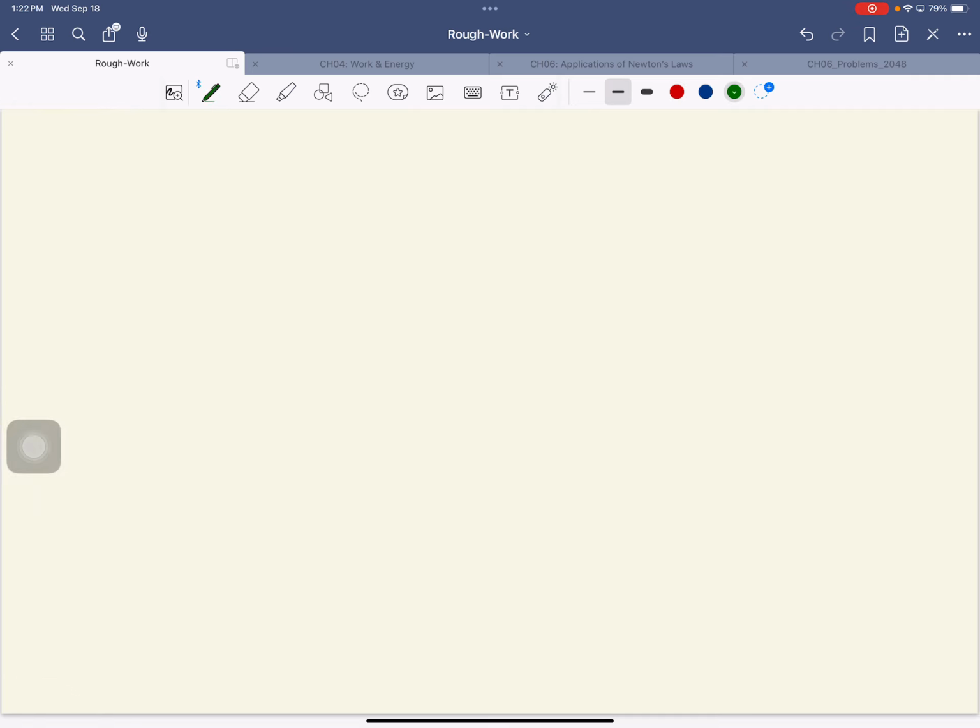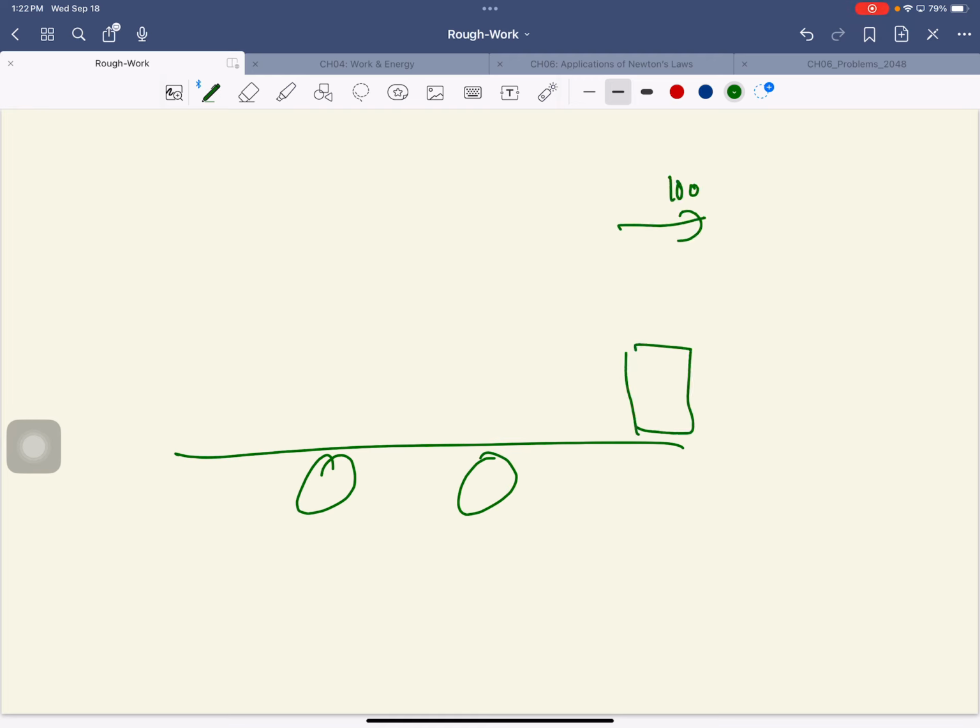All right. So here's a truck that's going at 80 miles per hour. This is a real problem. So let's say a wall jumps up in front of the truck.